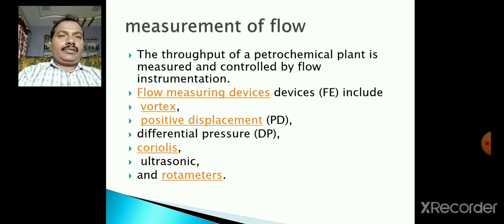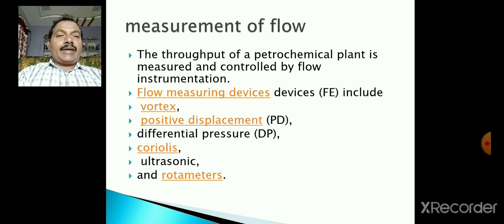You see, the throughput of a petrochemical plant is measured and controlled by flow instrumentation. That means the output efficiency of the petrochemical plant is decided by the flow instrumentation only.